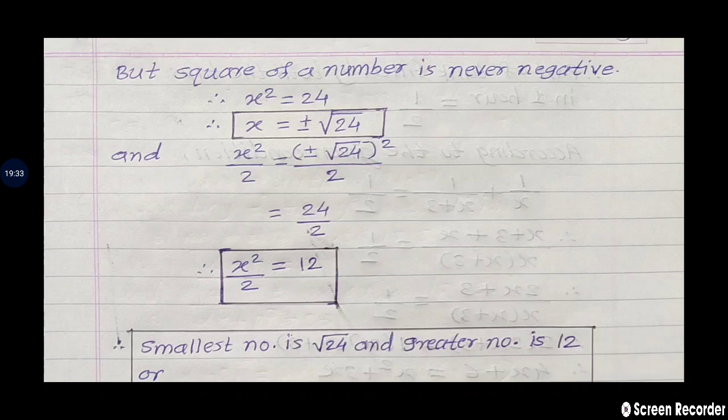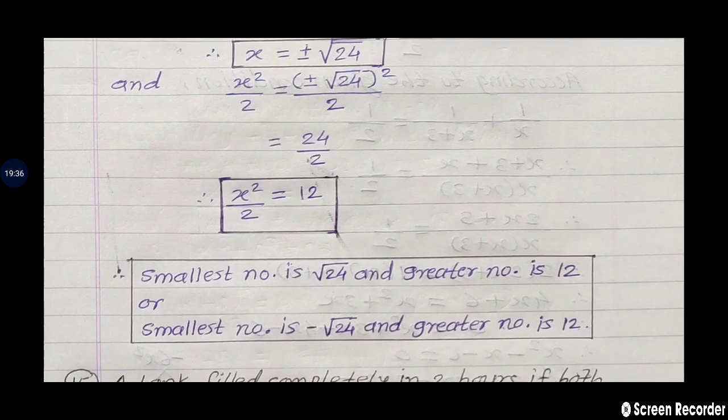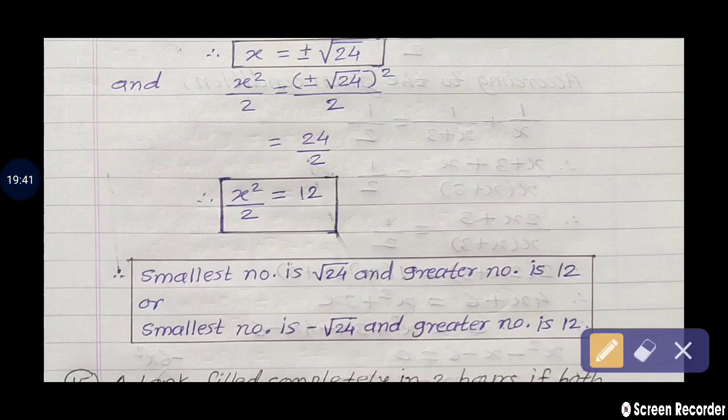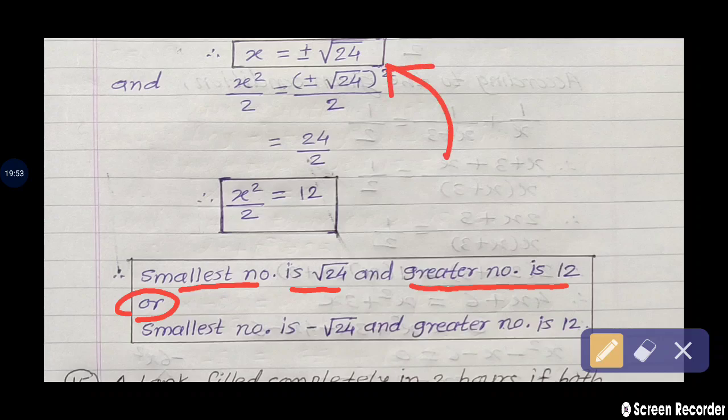And therefore at the last we are writing our final answer in a proper sentence. Therefore what is our final answer? The smaller number is plus root 24 and the greater number is 12, or second possibility, check here, plus minus root 24. So x is what? Our smaller number. So first time we are taking plus root 24 and 12, and second time we are taking the value of the smaller number as minus root 24.